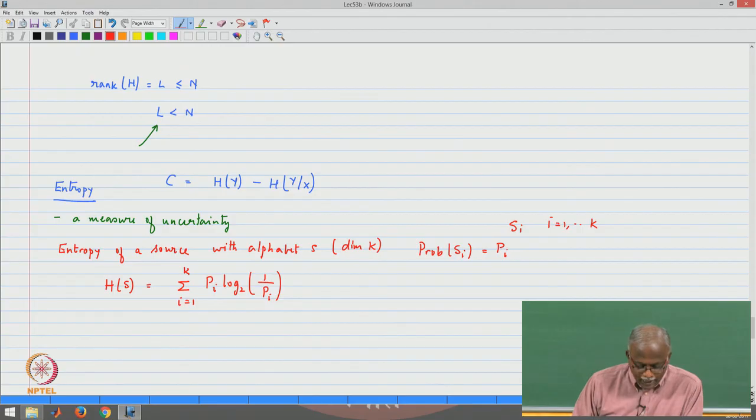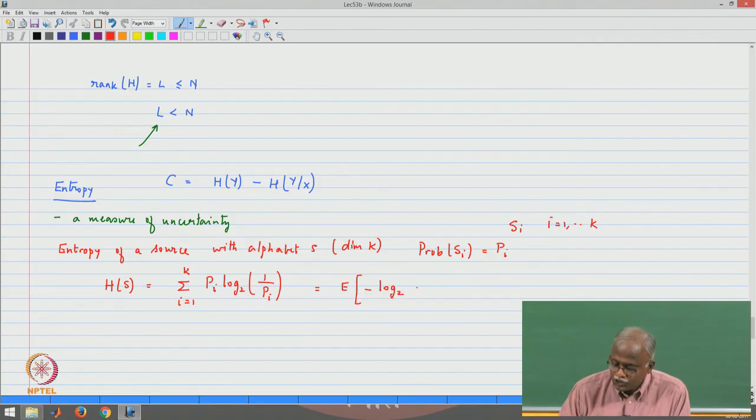So, this is a very useful expression. If you were to look at it carefully, this can be written as the expected value of minus logarithm base 2 of P_i. So, this is the expression that we will use, and this is the result that we have from information theory.